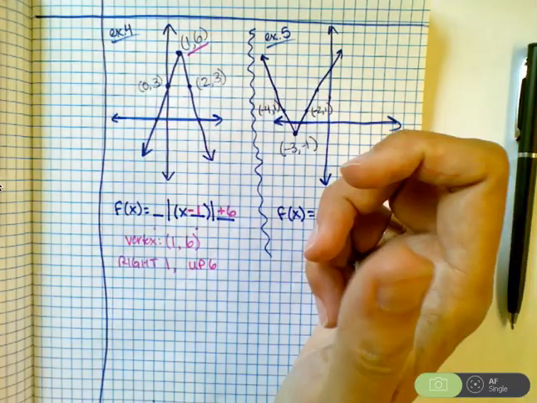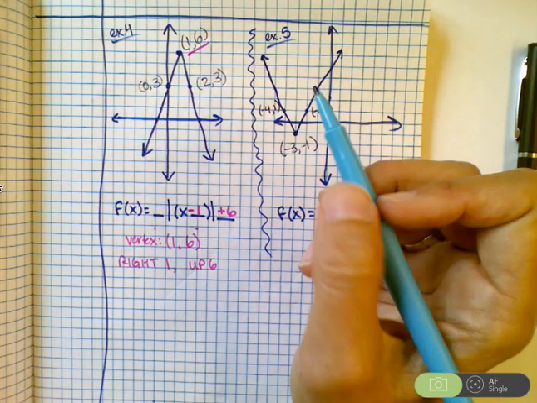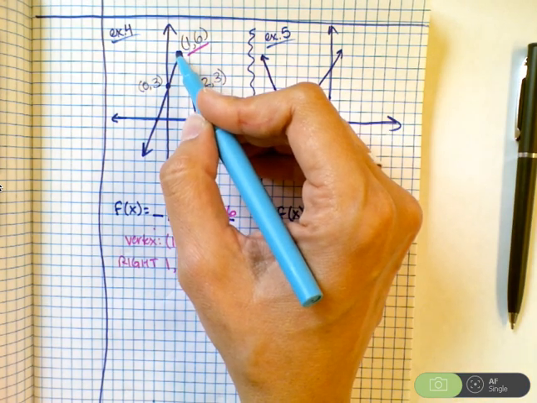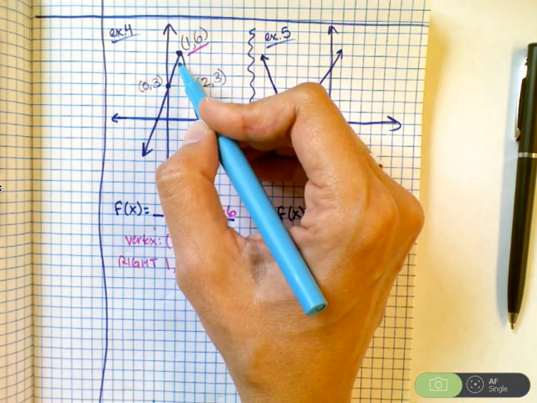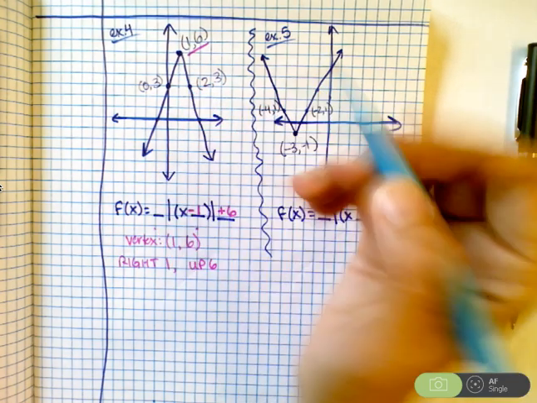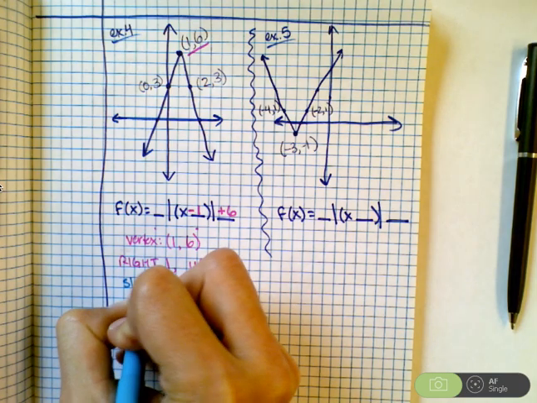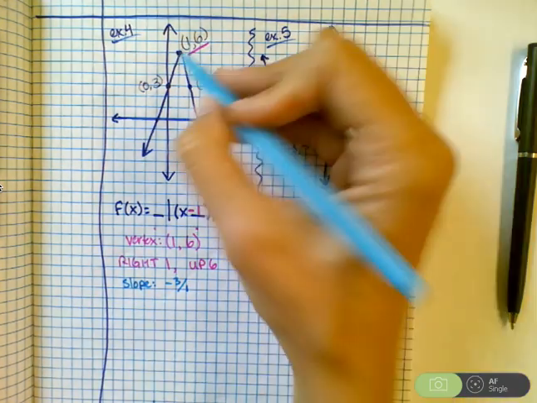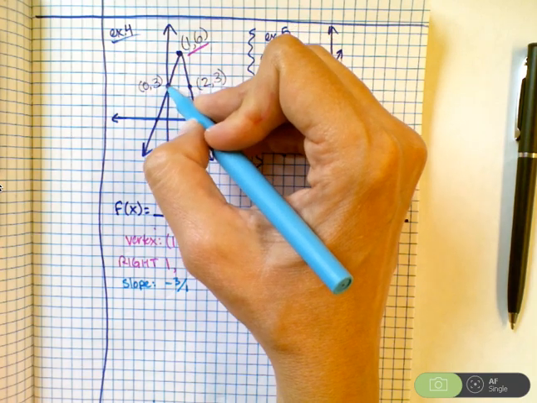So then we need to figure out what the a would be. Remember that a is telling us what the slope is. If I look from this 1, 6 to get to the other points, I go down 1, 2, 3 and over 1. So my slope seems to be -3 over 1. And I can look here again, down 3 over 1.